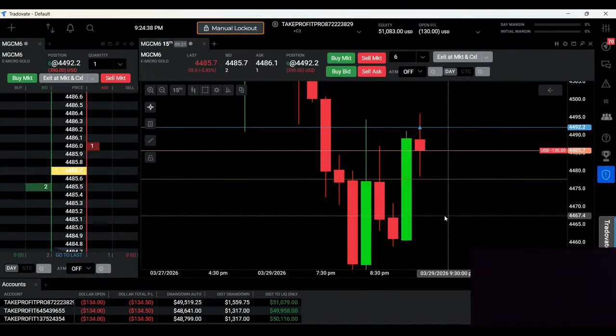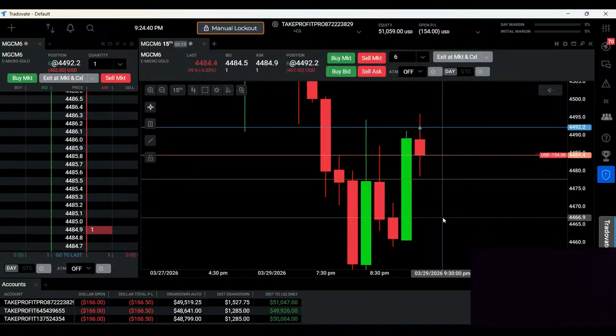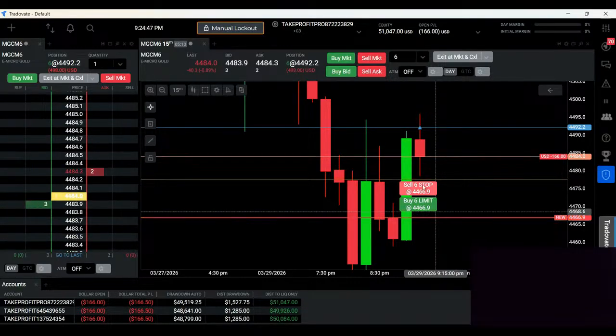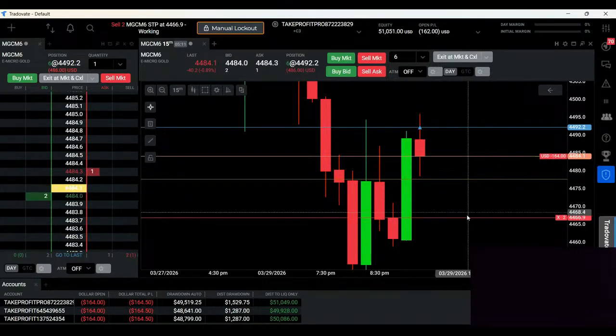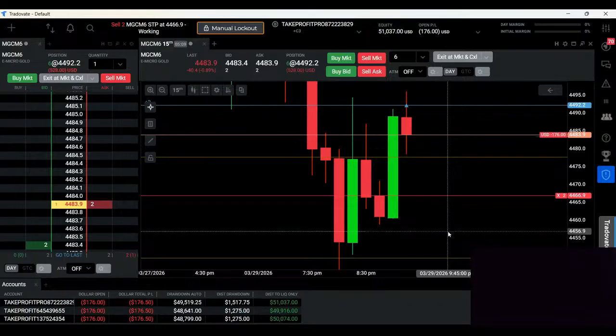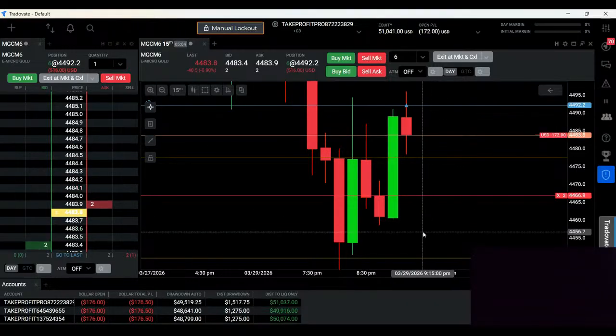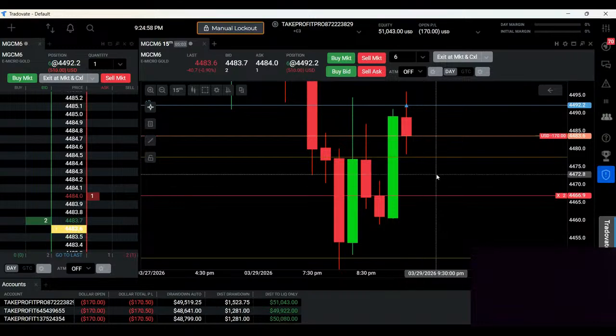So I'm gonna put my stops like around here. So I took a buy, I'm gonna put a sell stop. By right, your stop should be like down here, but I'd rather not put my stop all the way down there.